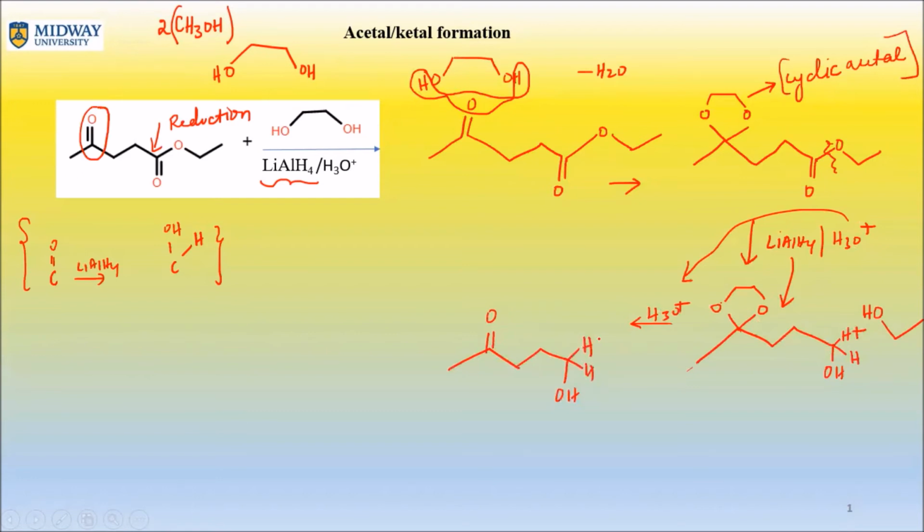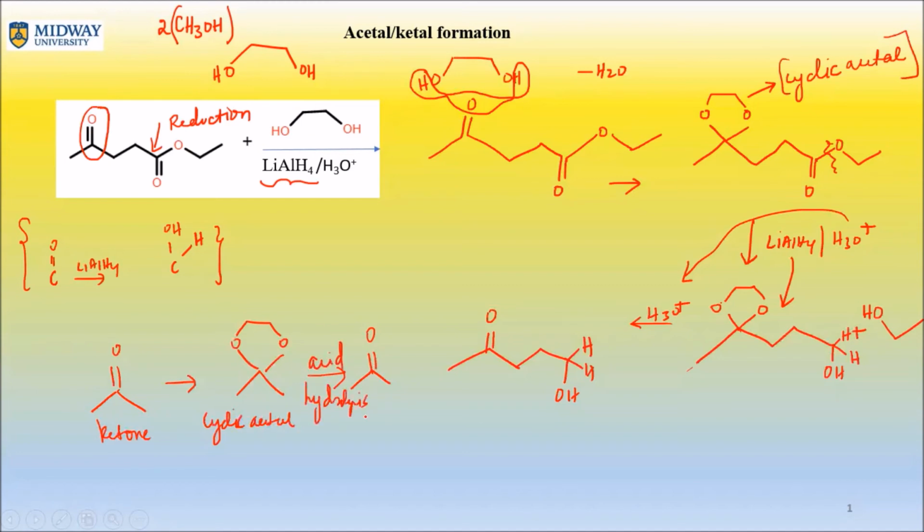So what it tells us is we can go from a double bond O to this craziness, and then we can come back to this. Okay, that's very, very important. So we can go back to ketone, to a cyclic acetal, and then with acid hydrolysis, which is what H3O plus means, we can regenerate the ketone. This is magnificent, isn't it?